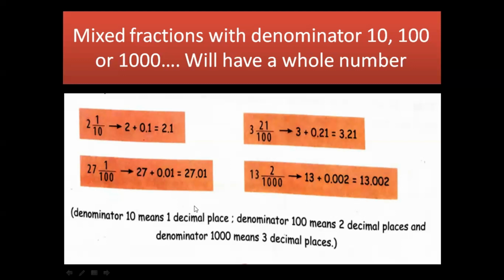Denominator 10 means 1 decimal place. If we have denominator 100, it has 2 decimal places. If we have denominator 1000, it will have 3 decimal places.